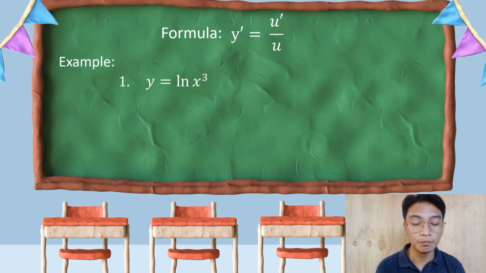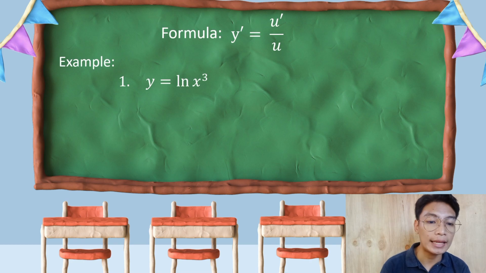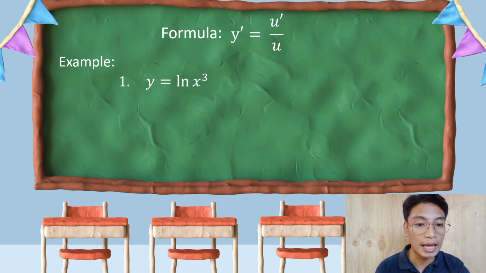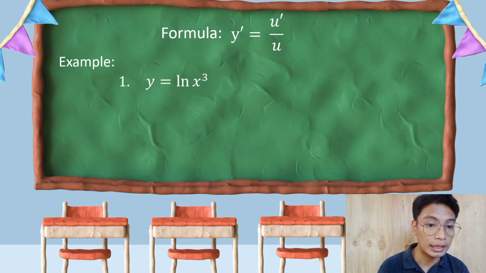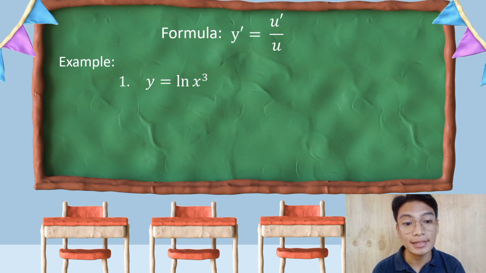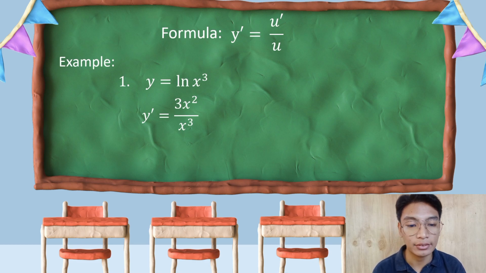For example number 1, we have the function y equals ln of x raised to 3. To follow the formula, we find the derivative of the value of u, which is x cubed, and divide it by itself. So we have 3x squared over x raised to 3.